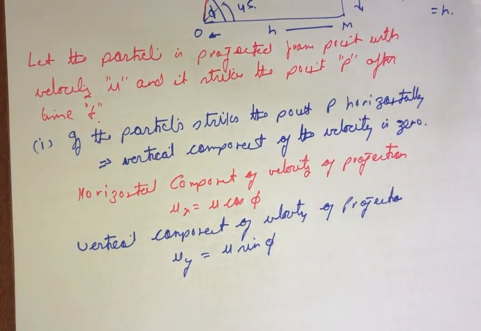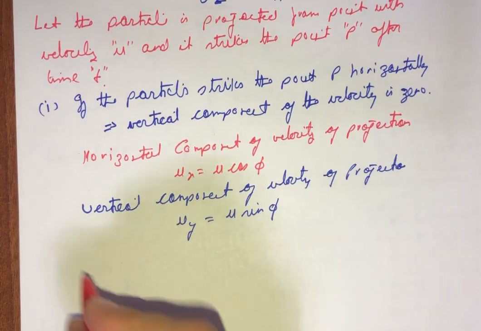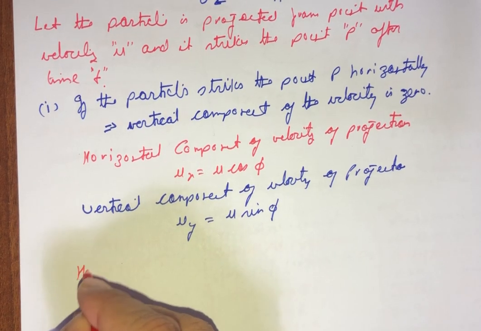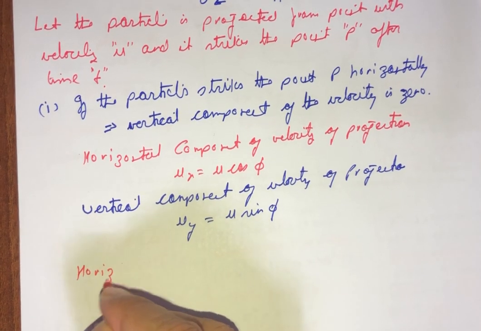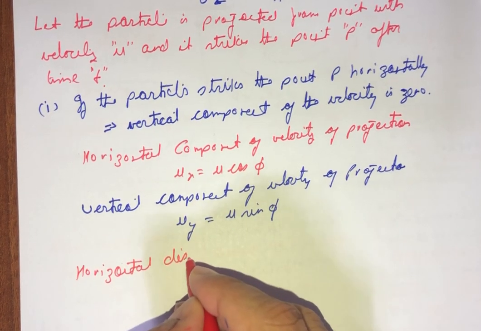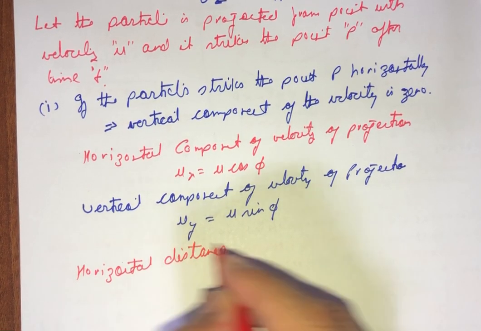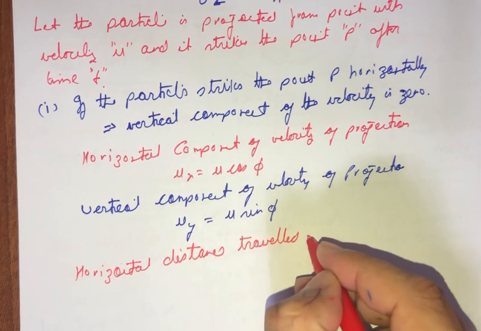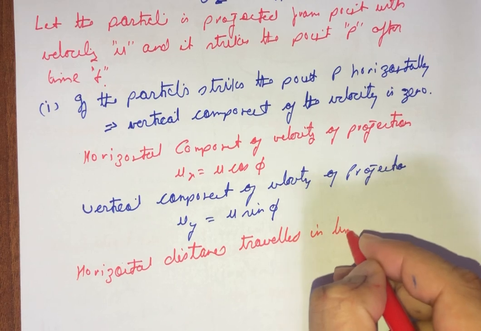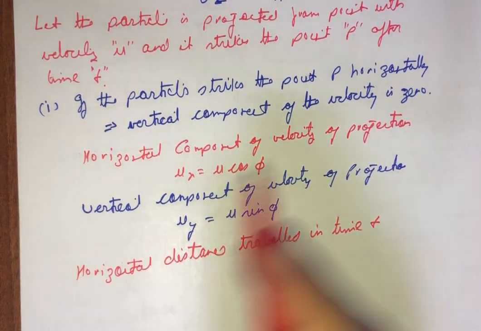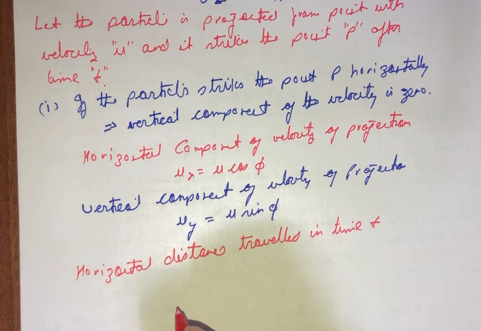Therefore, the horizontal distance traveled by the particle in time t, that will be nothing but OM.